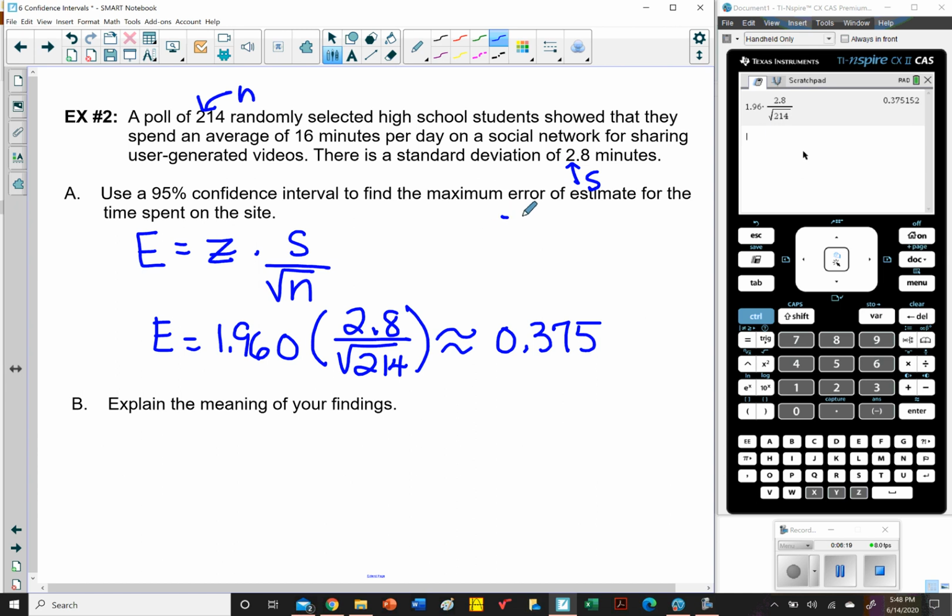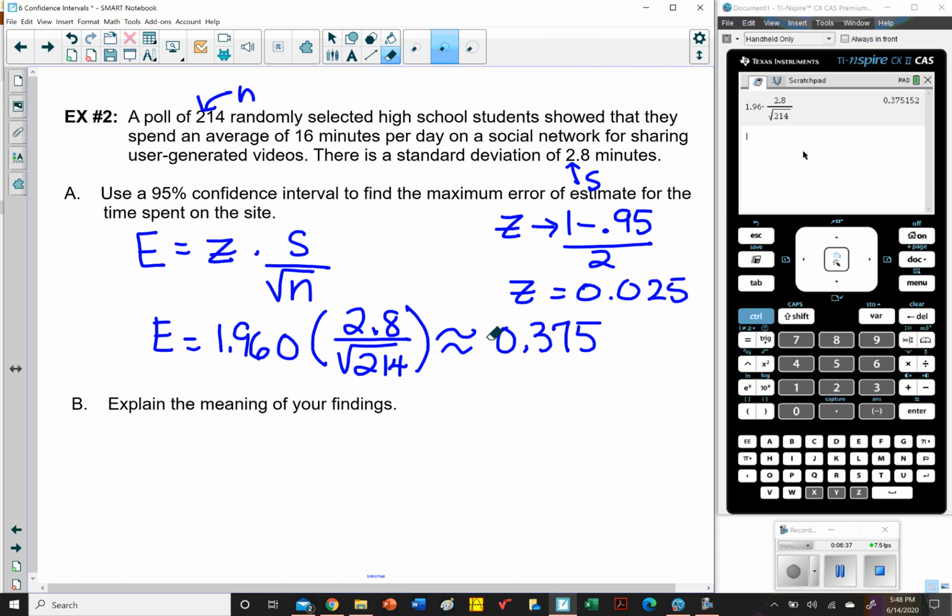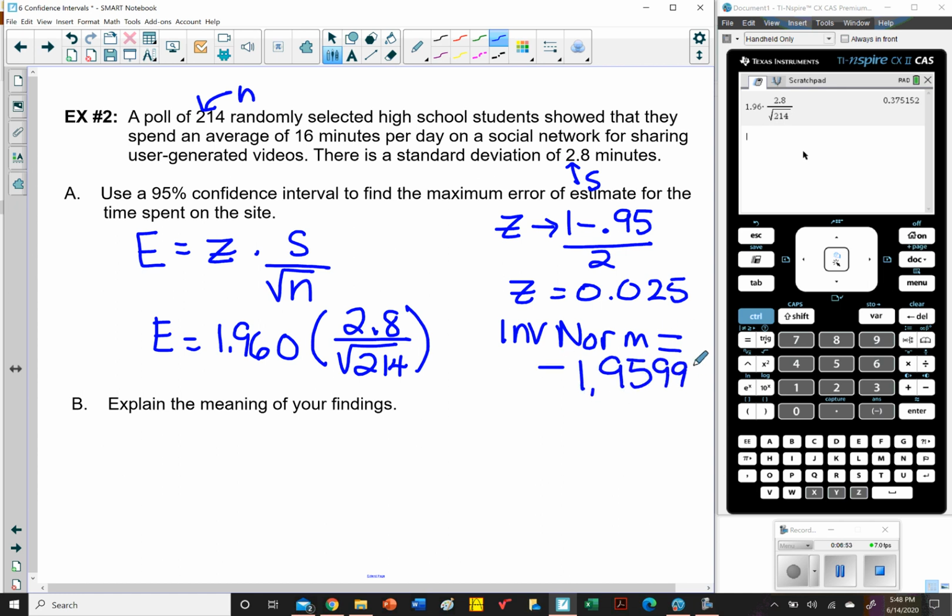And again, if you wanted to calculate that z value for yourself, you could do that by saying 1 minus 95% confidence cut in half would give you 0.025, and then you would calculate the inverse normal. Then the inverse norm would be negative 1.95996. So we could check that out.